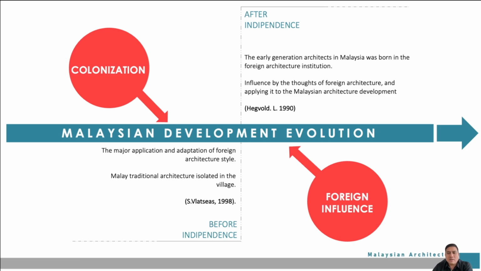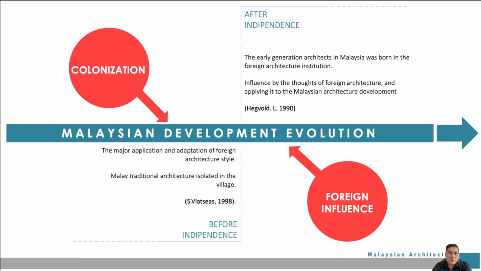All of those events affected the development of our architecture in Malaysia. So before independence, there was major application and adaptation of foreign architecture styles. Because of this, most Malay traditional architecture was isolated in the villages. In the city, for example Kuala Lumpur and Melaka as we saw just now, most buildings were designed by heavily adapting foreign architecture styles.